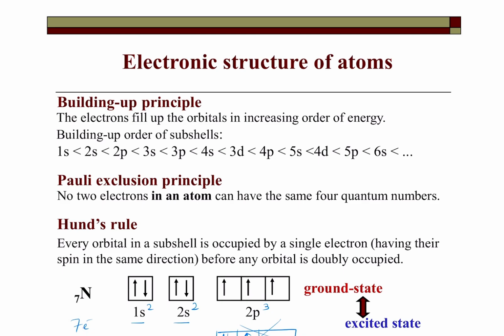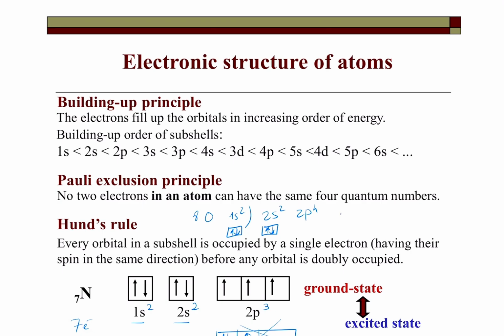For example, I write oxygen, which is 8: 1s2, 2s2, 2p4. For 1s2 it is 2 electrons, 1 up, 1 down, no problem. 2s2, 2 electrons, again.